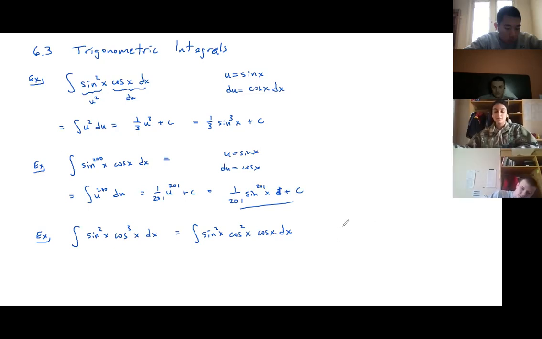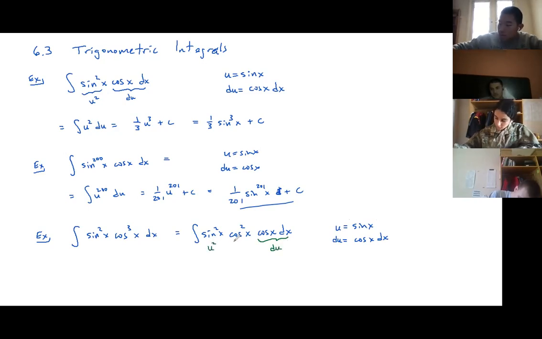And then I could say that again, u is sine of x, du is cosine x dx. Part of my integral feels good because this becomes du. Again, this becomes u squared. But then the question is, what happens to my cosine squared x?